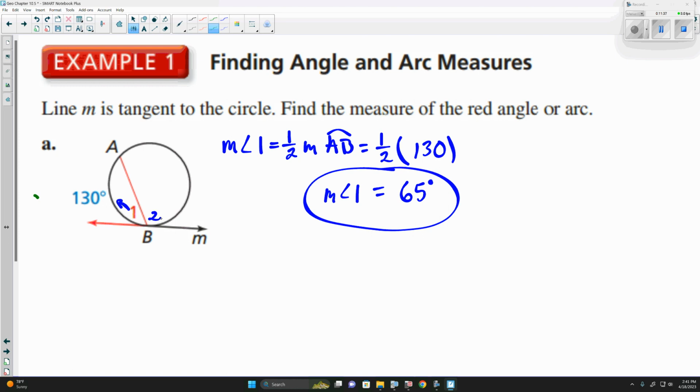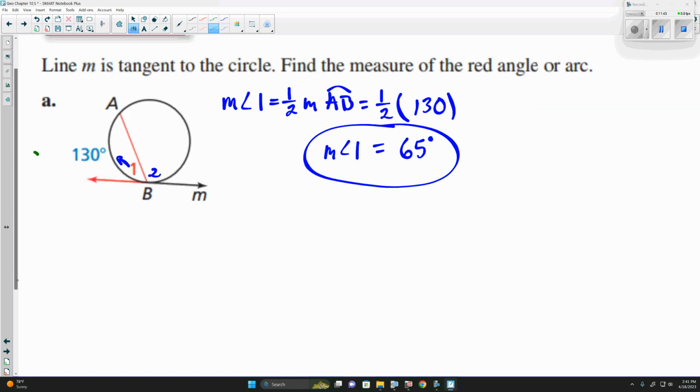If we wanted the other angle, let's call it 2, how can we go about finding it? Because what do angle 1 and angle 2 make? A straight line. So we could take 180 and subtract 65 from it, and we would get 115.